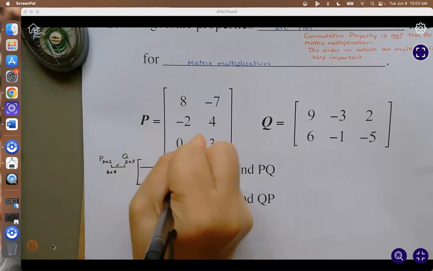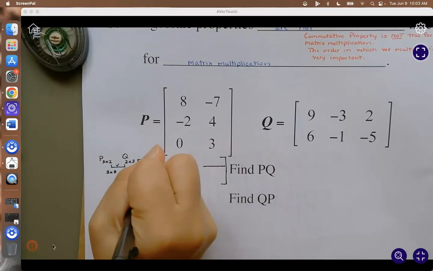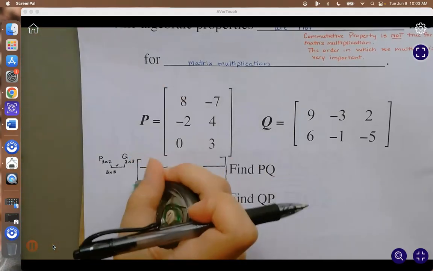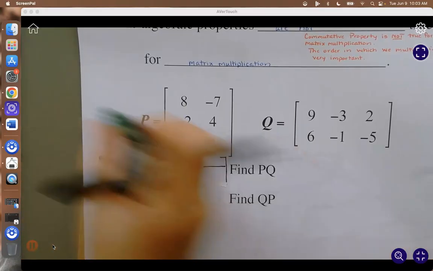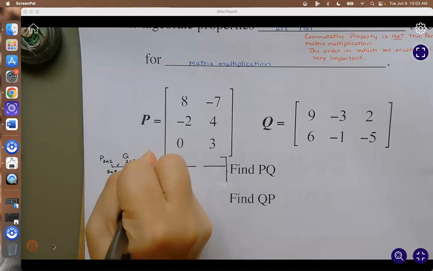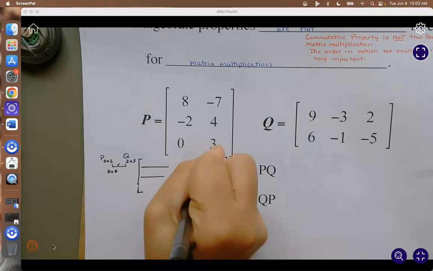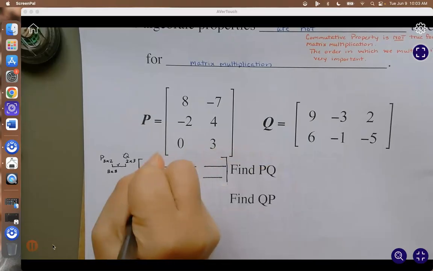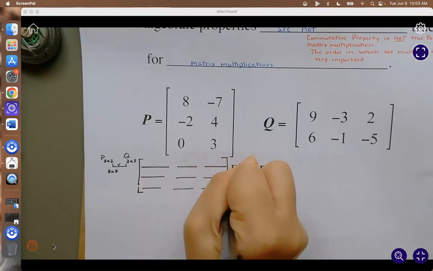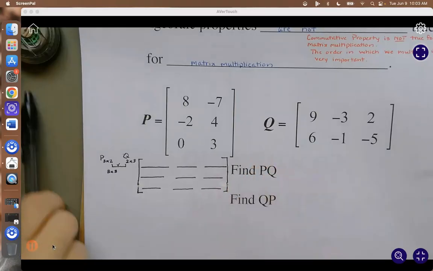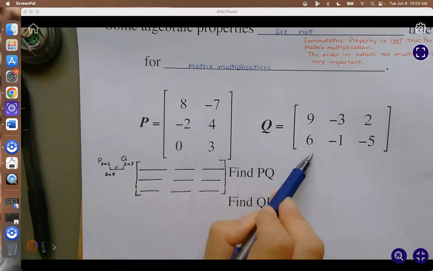Need to make that a little bit bigger. So 3 by 3.